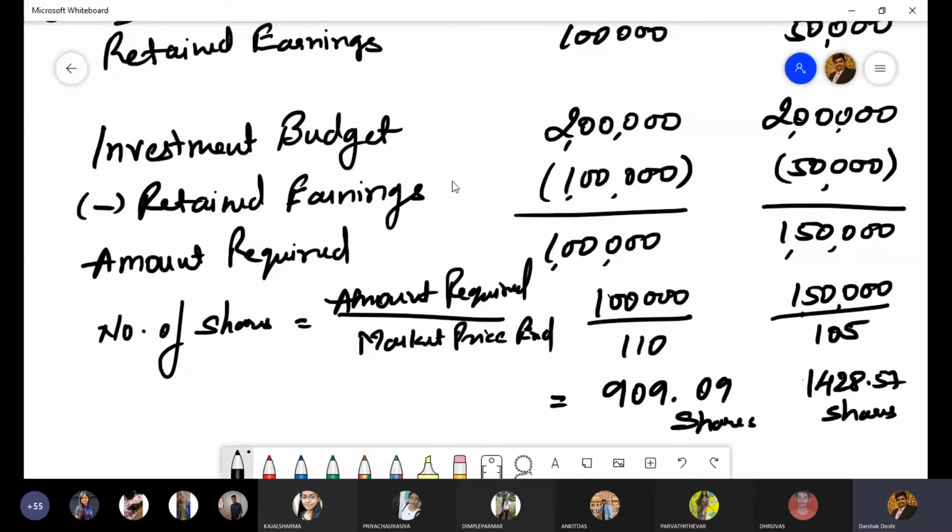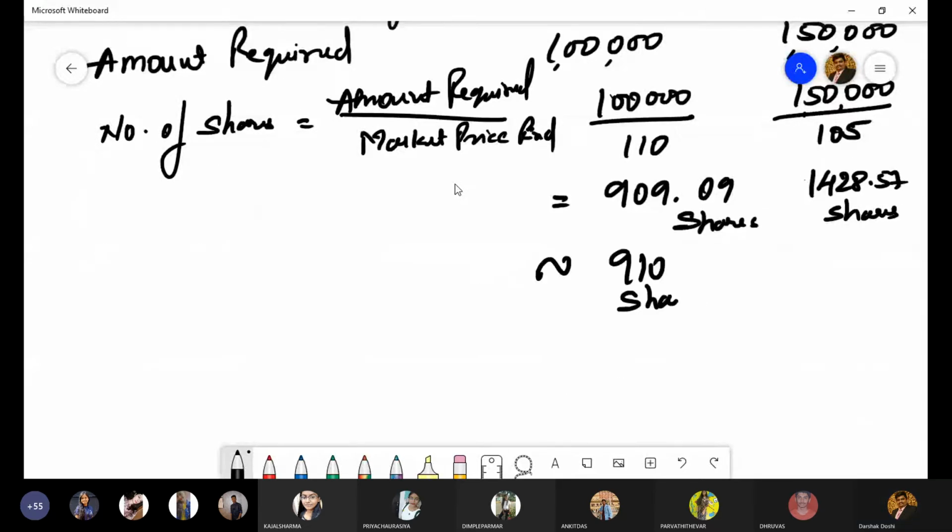So you will have to issue 910 shares. And when dividend is declared, you will have to issue 1429 shares. You cannot round off, you have to take one digit higher. So by issuing 910 shares at 110 when dividend is not declared, we get the amount required, and when dividend is declared, we issue 1429 shares to get the amount required of 1,50,000.